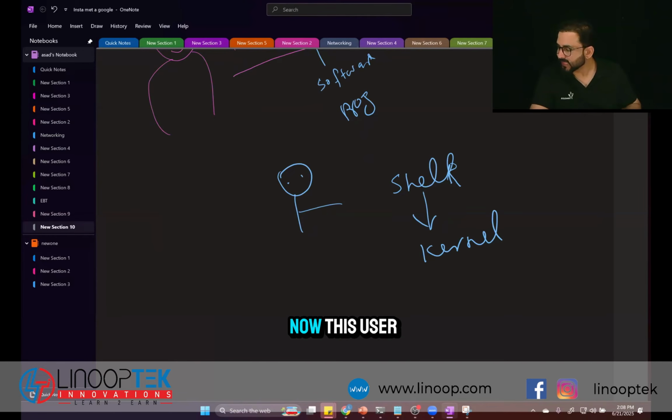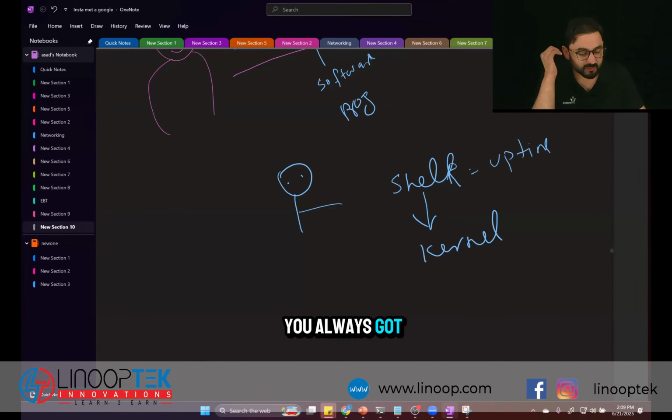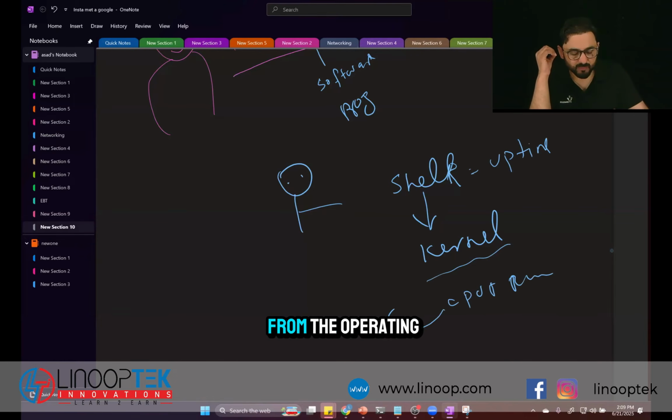All right, now this user types in the shell and goes to the shell, hey shell, this guy wants you to check how many users are logged in when you type the command uptime. And the kernel says, oh my God, you always got me something to do. I'm going to check on the CPU and the RAM and fetch information from the operating system.